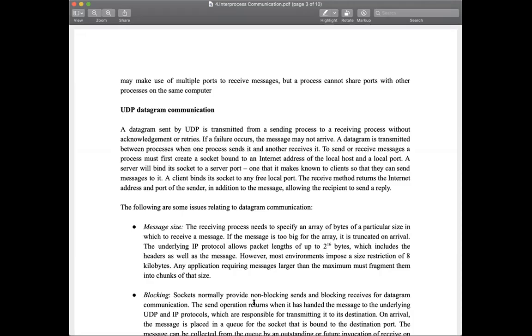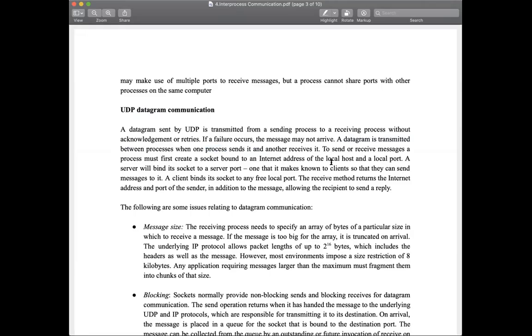So in UDP communication, we transfer datagrams, right? That's why we define it as UDP datagram communication. In the UDP protocol, we transmit the message through a datagram, and the datagram is transmitted between these two processes. As we understood, one process sends the datagram and another process will receive that datagram, right?